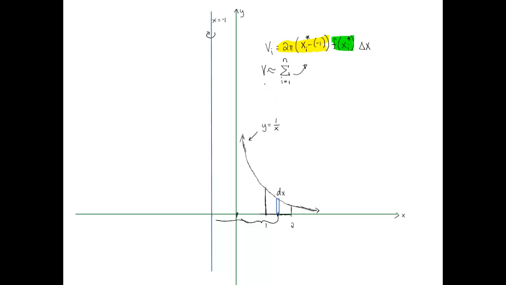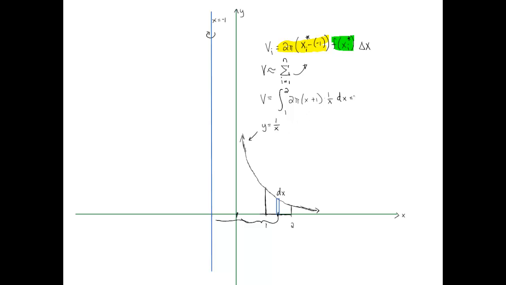And then we let n go to infinity via limit, and we eventually get, voila, the volume is equal to the integral from x equals 1 to 2 of 2 pi times x plus 1, right, because that's how this simplifies, times f of x, which is just 1 over x. So times 1 over x dx. Okay, and that would be the integral we're going to use.